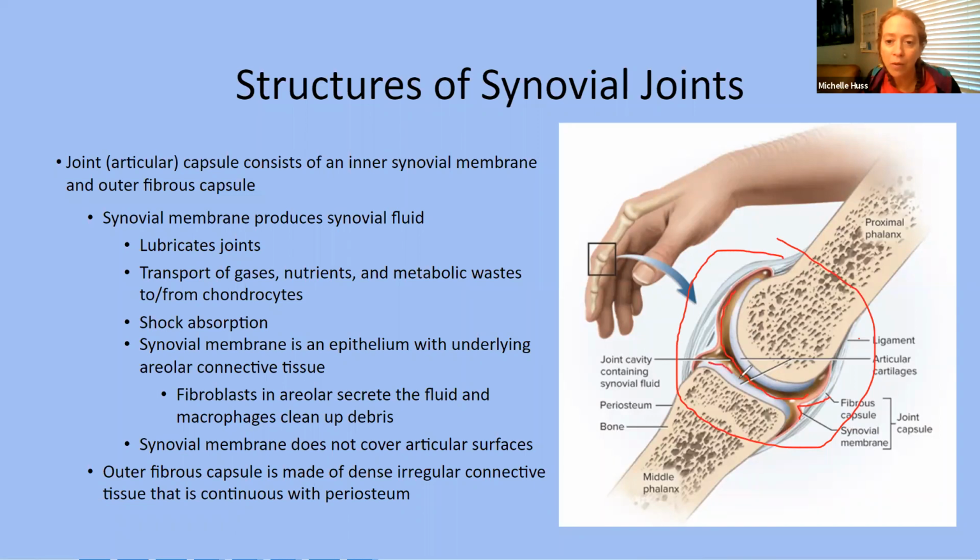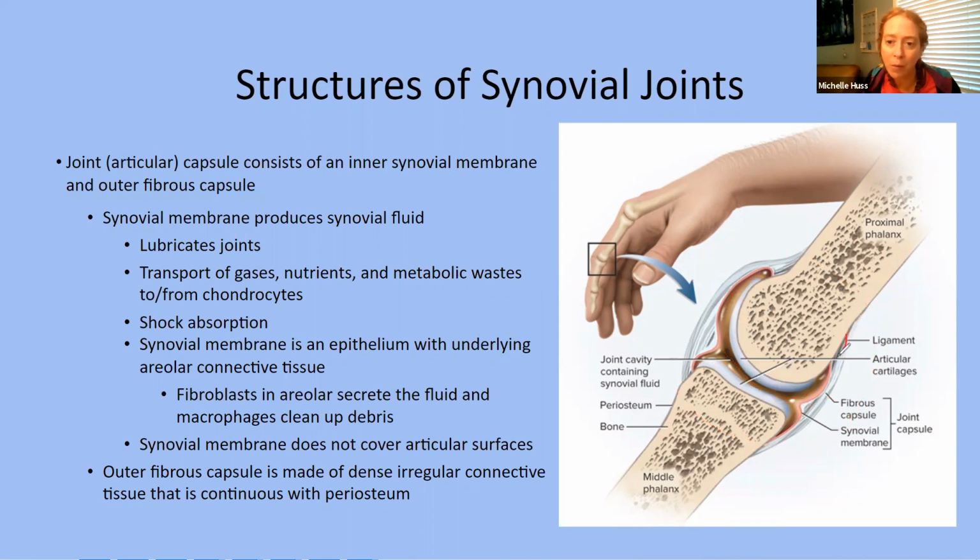The ends of these bones have hyaline cartilage or articular cartilage on them, so that makes it nice and smooth in here. So when those bones move past each other, it doesn't rub or click or cause pain. There's sometimes ligaments to hold bone to bone.